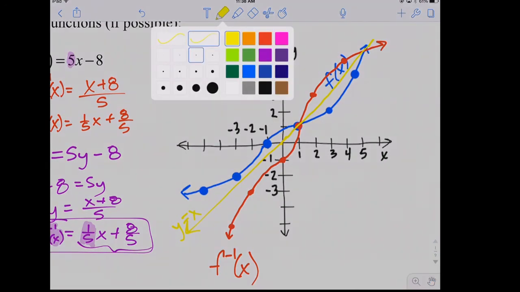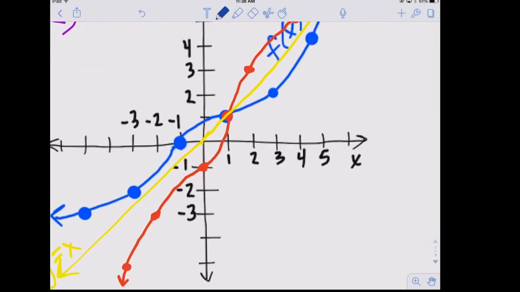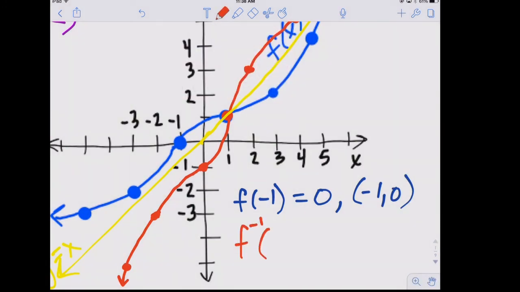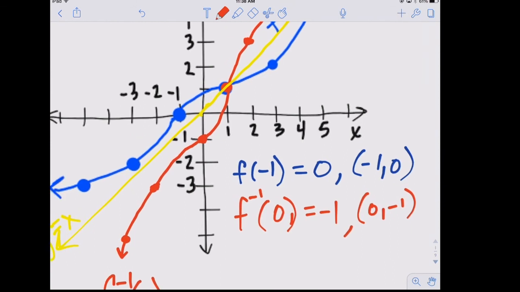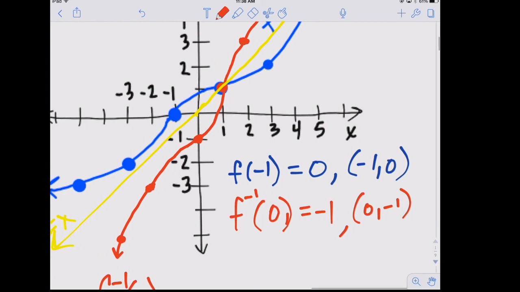Now let's come up with some terminology here. The blue graph had a point f of -1 equals 0, right? So the point was -1, 0. Its inverse had a point called 0, -1. Now, are those 2 points the same points on the graph? Are they the same point in the coordinate plane? No, they're 2 different points, but they are kind of related to each other, right? They kind of correspond to each other. One for one function, one for the other.